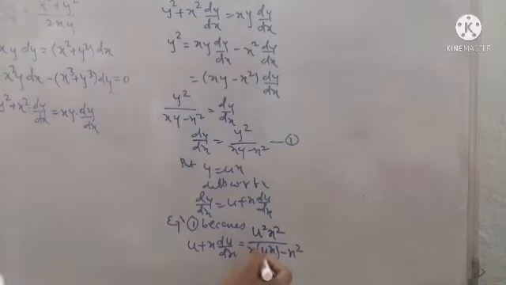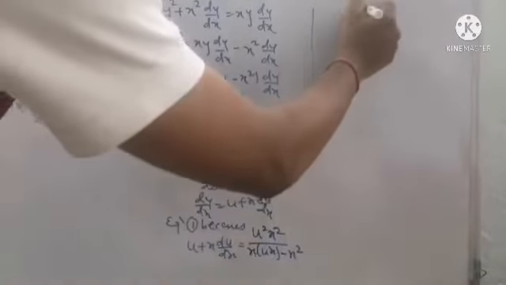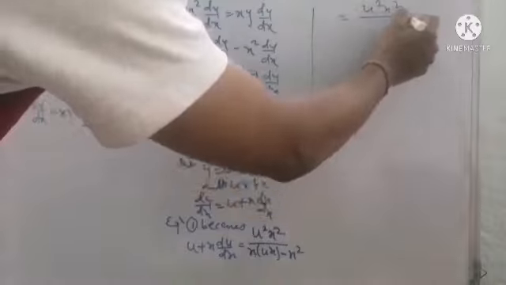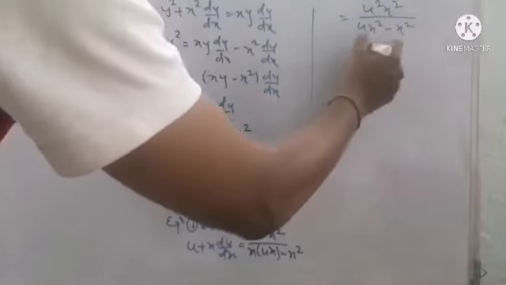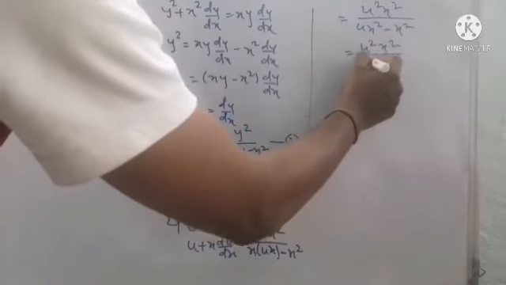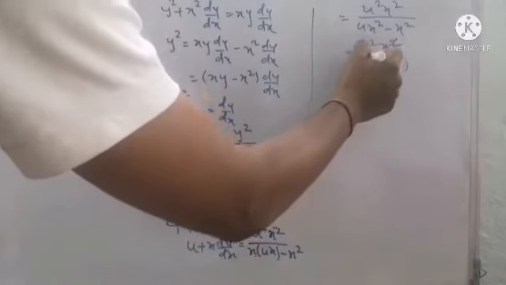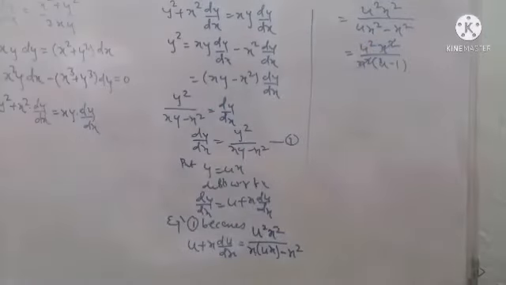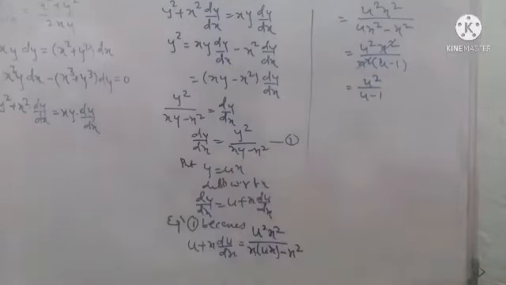Now by simplification, on the right hand side u square x square remains as it is, and in the denominator bracket multiplication gives ux square minus x square. By taking x square common in the denominator, we get in bracket u minus 1. By cancelling x square, which is common in numerator and denominator, we get u square divided by u minus 1 on the right hand side.